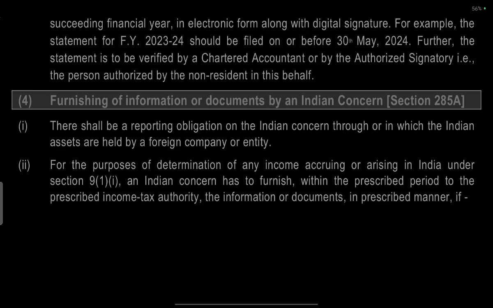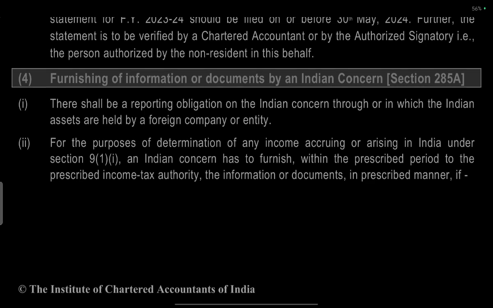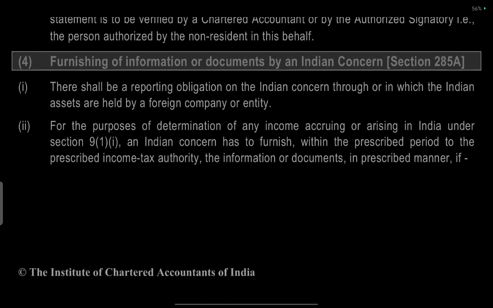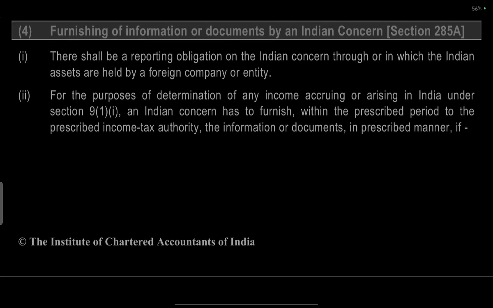Furnishing of information and documents by the Indian concern, section 285. There shall be a reporting obligation on an Indian concern where Indian assets are held by a foreign company or entity.